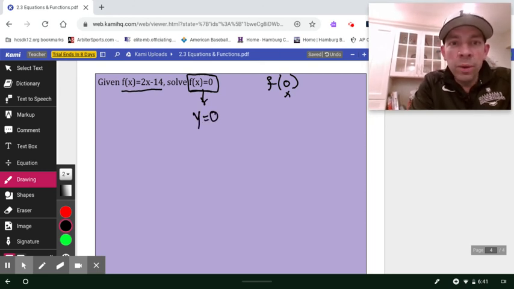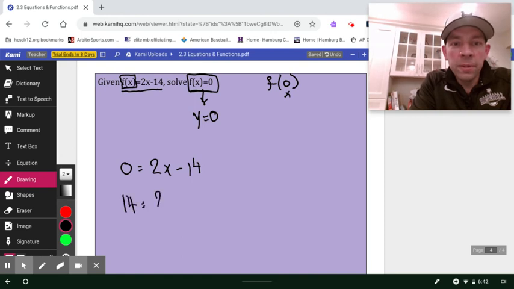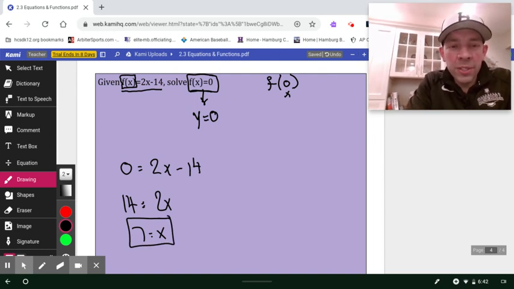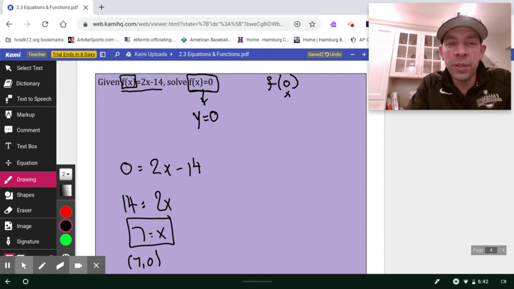So I'm going to replace this f of x right here with a 0. And then all we've got to do is solve for x. So I'm going to add the 14 over, divide by 2, and the solution in this case would be 7. So what are we really saying here? We're saying when y equals 0, the corresponding x is 7. In other words, 7 comma 0 is a solution, and that's a point the graph would pass through.